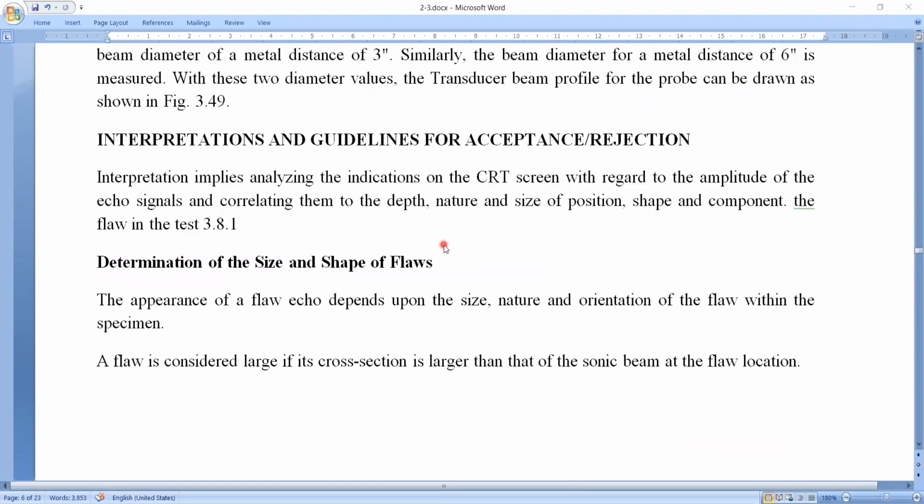This is about calibration of this ultrasonic equipment. By testing these different standard blocks, and comparing the results with the reference results, we can assess the performance of the equipment we are using for testing materials.